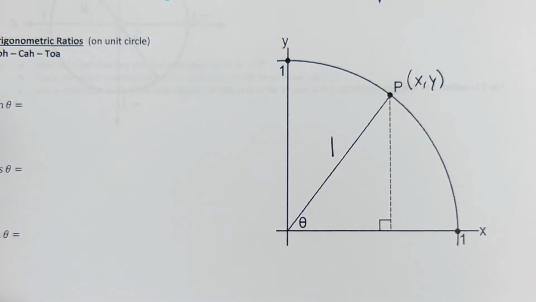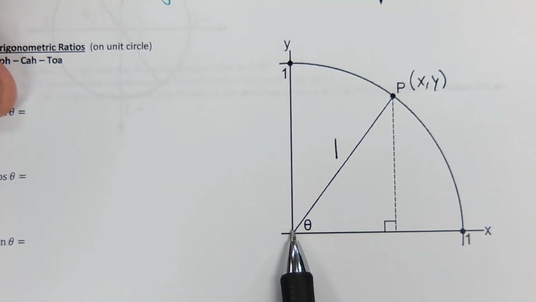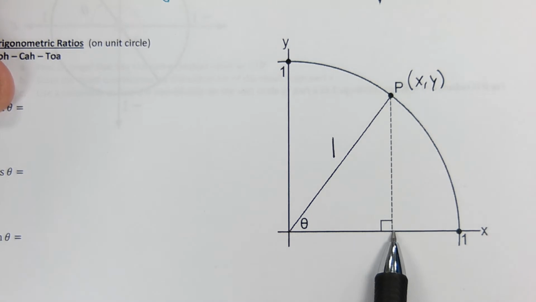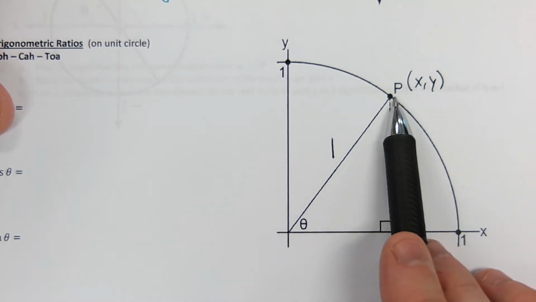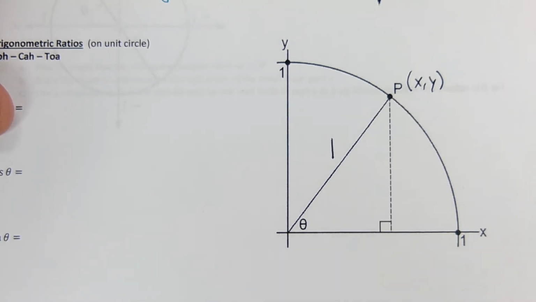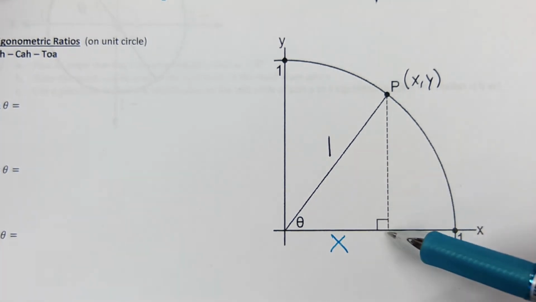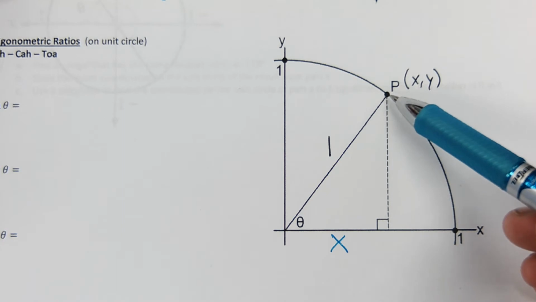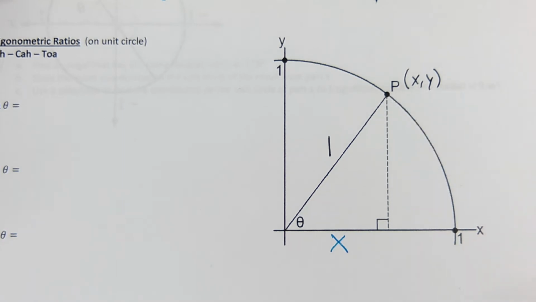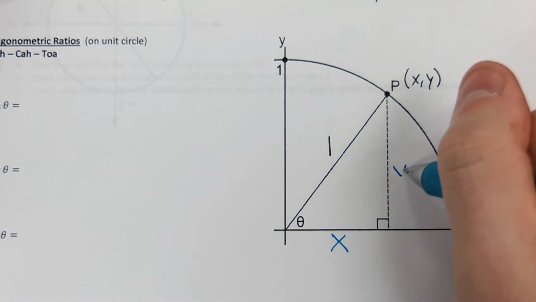Can we also agree then that from here to here is the x value of point P? We can all agree to that? And can we agree from here to here is the y value of point P? Yeah, good there too? Awesome.